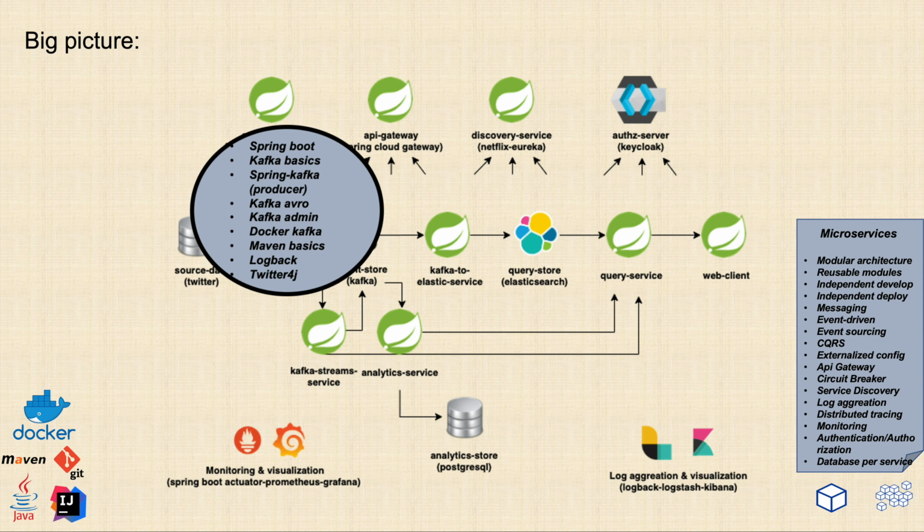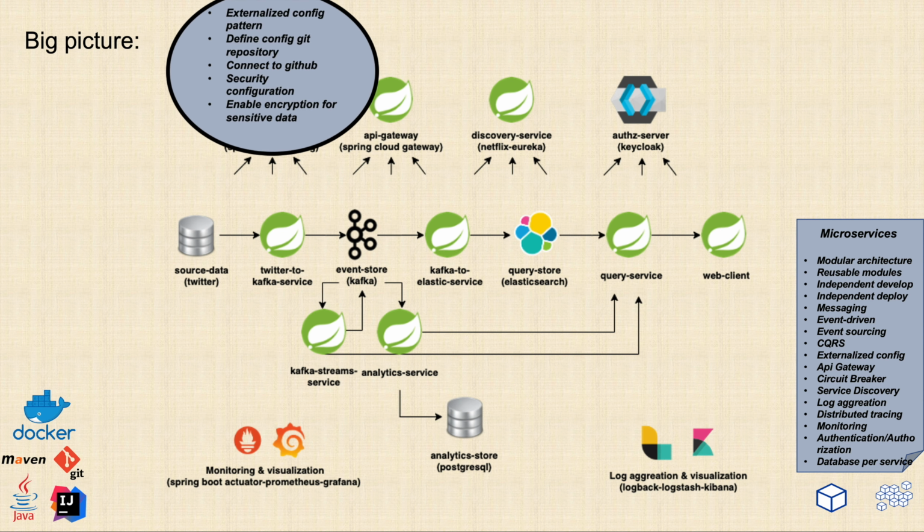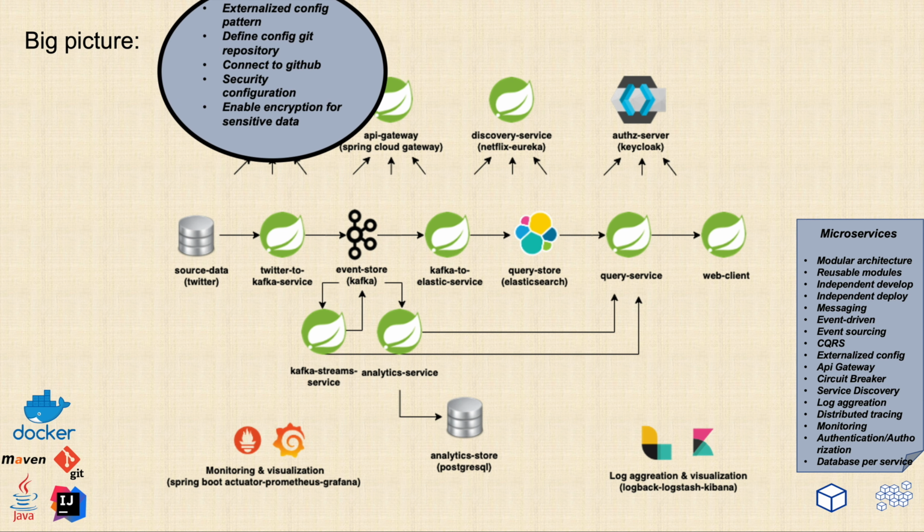As you will see, while writing your first microservice, you will already be starting to create a modular architecture to reuse the modules across all projects. And at that point, I will also introduce the first microservices pattern, externalize configuration, to externalize service configurations.